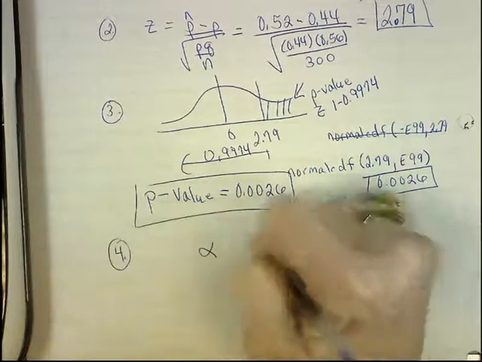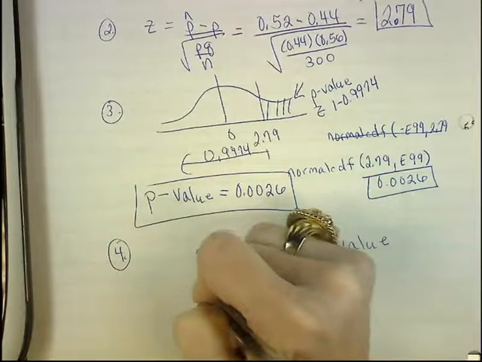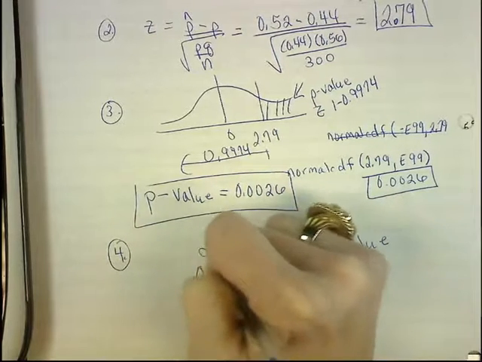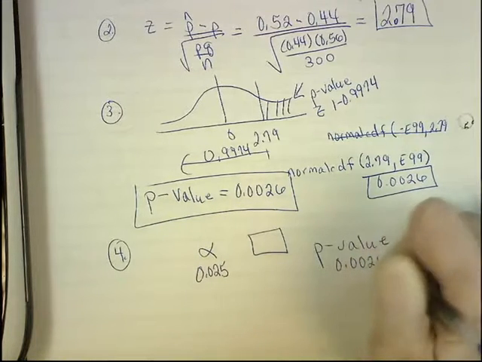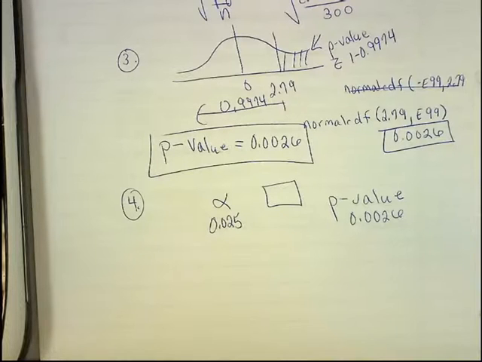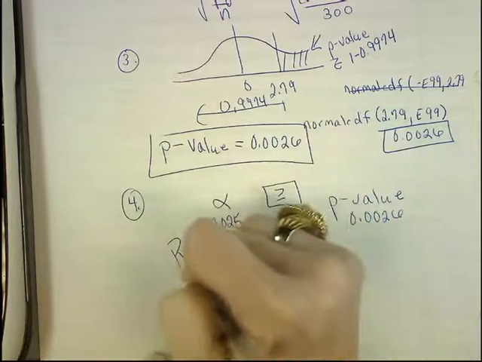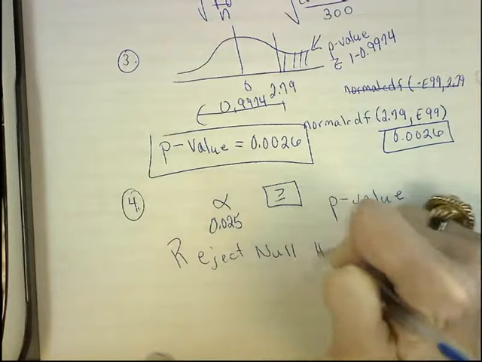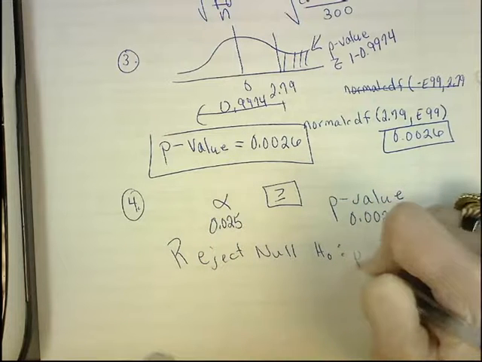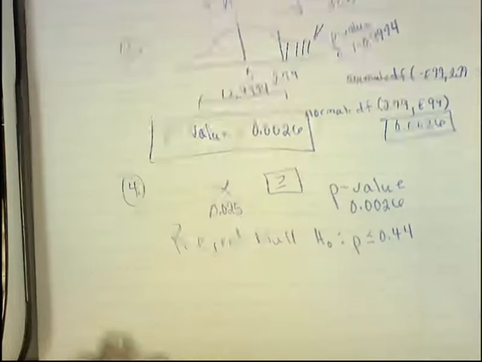Alpha p-value, comparison time. Alpha was given to be 0.025 and your p-value is 0.0026. 0.025 is larger than 0.0026, so greater than or equal to, reject the null. And the null statement says P is at most 44%. It's also our claim.